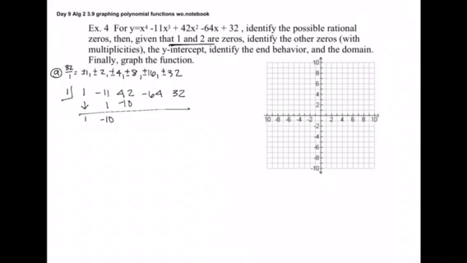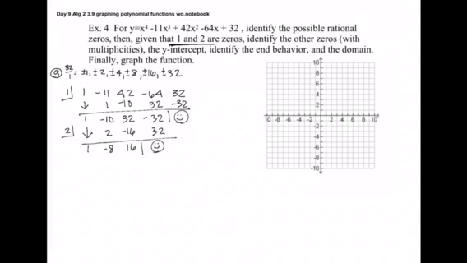Negative 10 is 32. 32 is negative 32. Negative 32 plus 32 is 0. We can continue with our synthetic division. They told us 2 was a zero. Drop your first term, multiply, add, multiply, add, multiply, add.